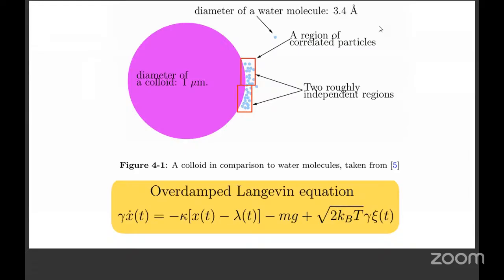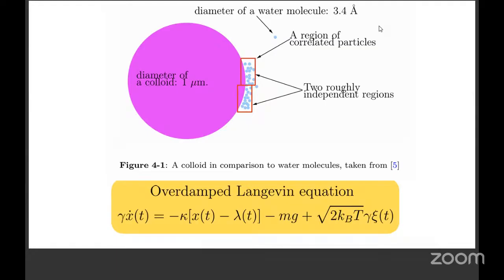Additionally, suppose that that particle is heavy, so the weight is appreciable, and that we confine that particle with an optical tweezer. Optical tweezers are widely used in biophysical experiments and mesoscopic physics experiments, and they are very nice because we can model them with a harmonic potential.